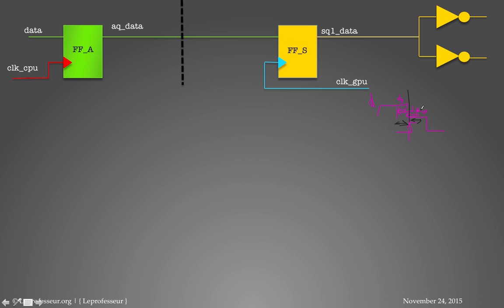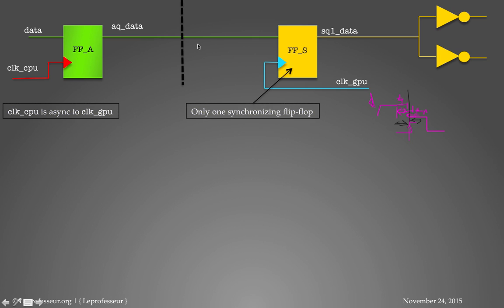Hold time is really a must, because if you're not meeting the hold time, your chip is not going to work. Anyway, we're not going to go into detail on how to do static timing analysis. But the aim of this lecture is to give you familiarity with clock domain crossing, and how we can tackle it in the RTL design.